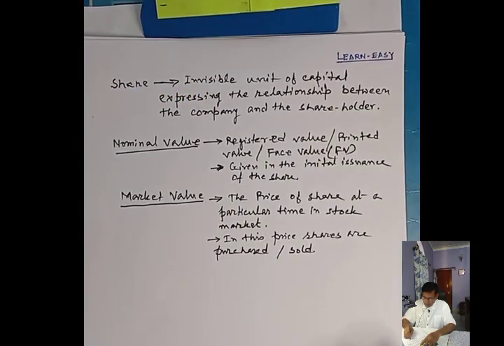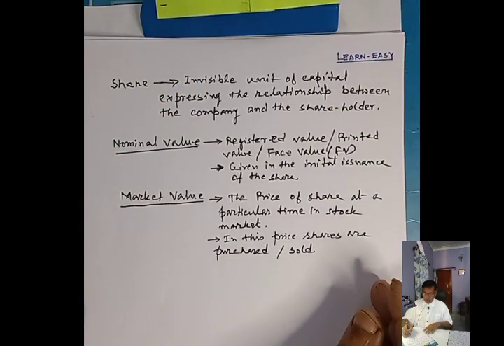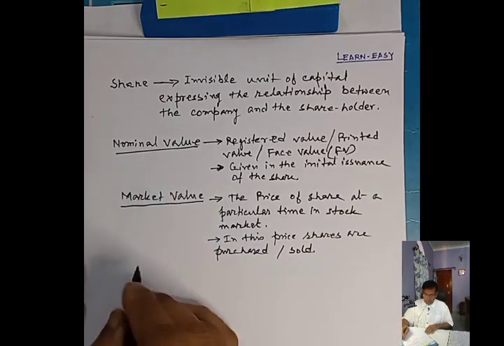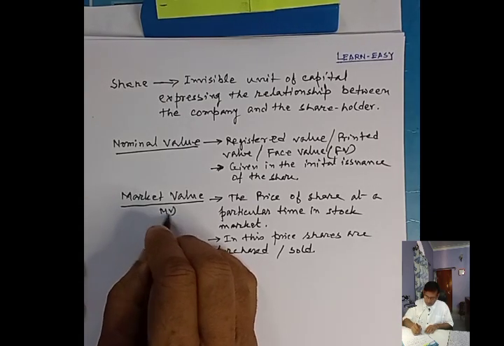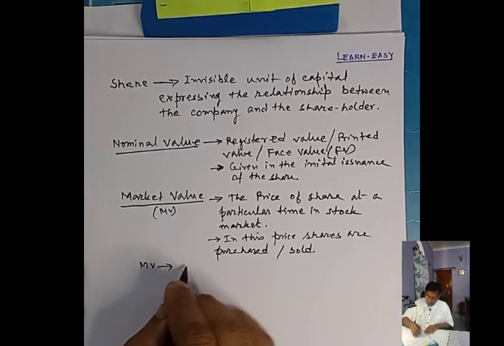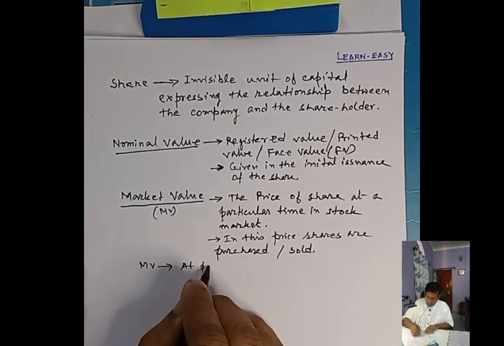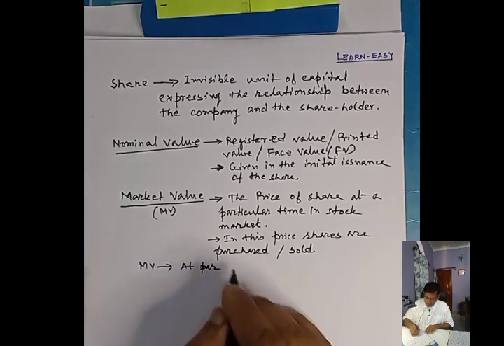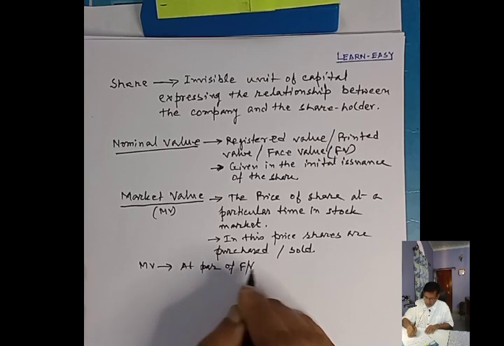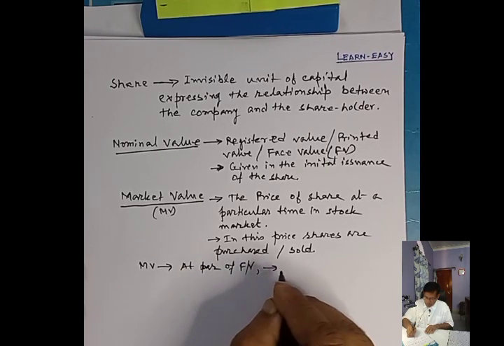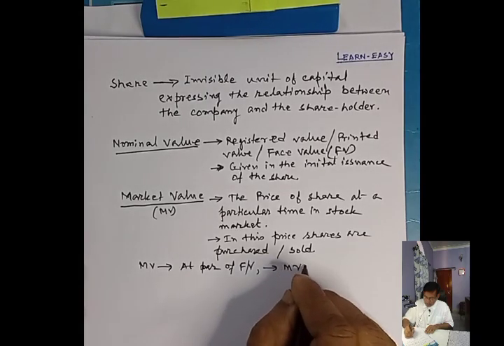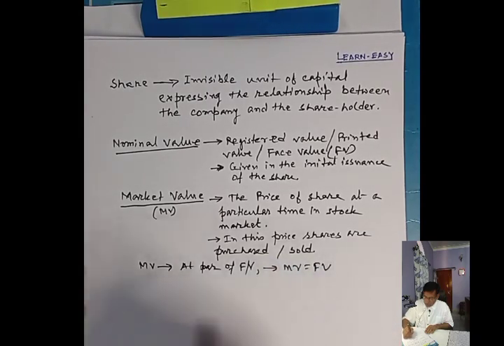Then another term comes. That market value, MV, may be at par. At par means at par of face value. That means in this condition, MV is equal to FV.